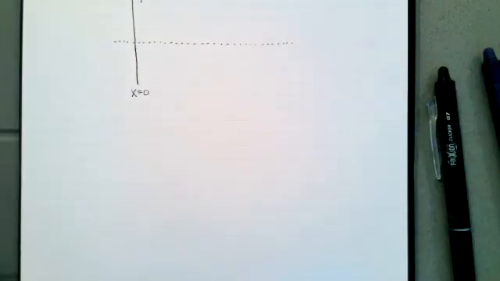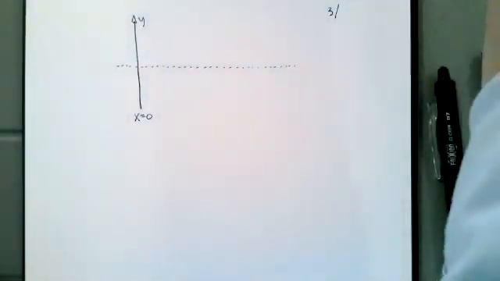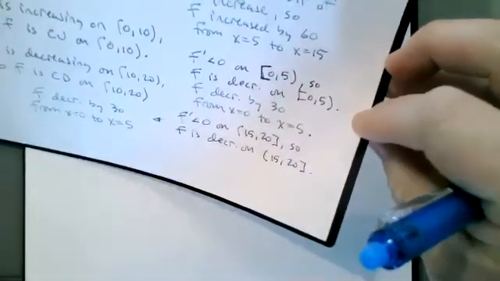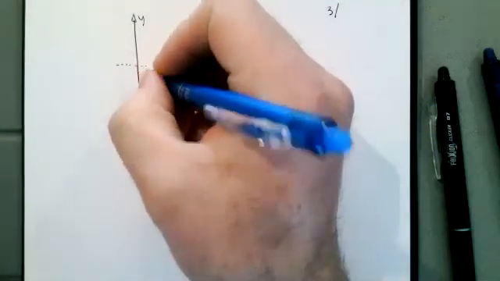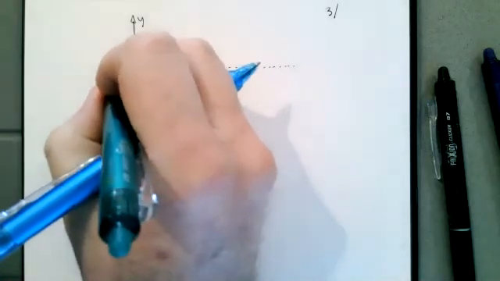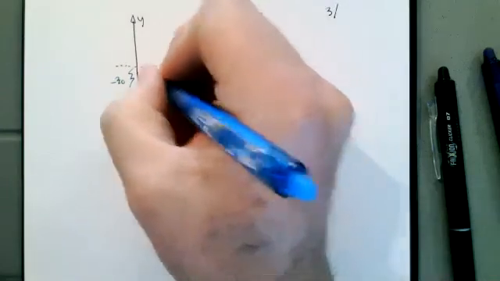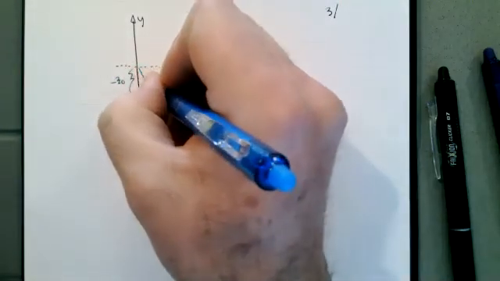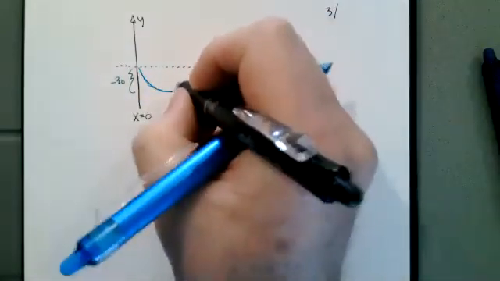So from 0 to 5, we're going to draw something decreasing and concave up. And it's going to decrease by 30. So here's our decrease of 30. So I'm going to draw decreasing and concave up. And that happens at 5.